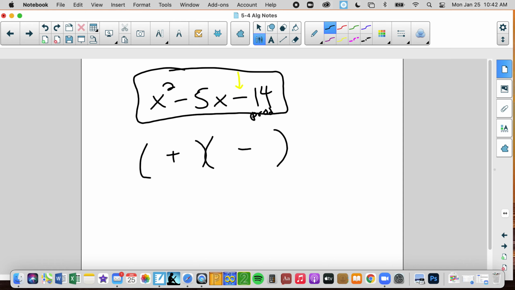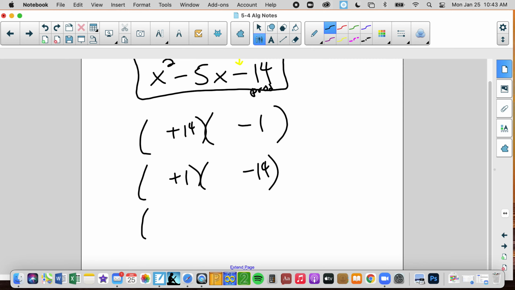Well, you could put in a positive 14 and a negative 1. You could put in a positive 1 and a negative 14. Those would produce that as the last. You could put in positive 7 and negative 2. Or you could put in positive 2 and negative 7.